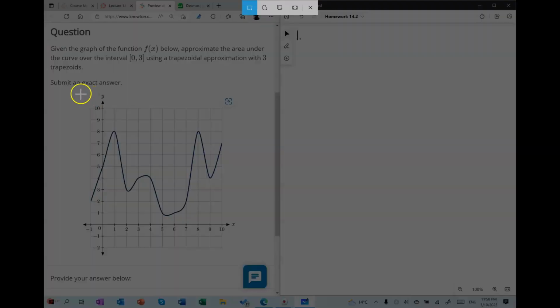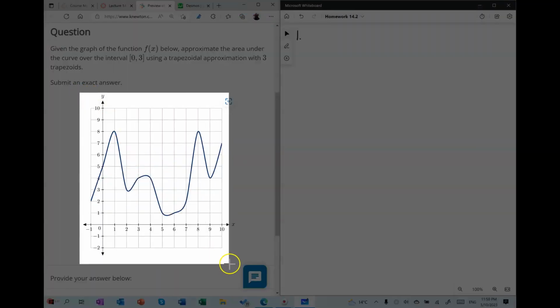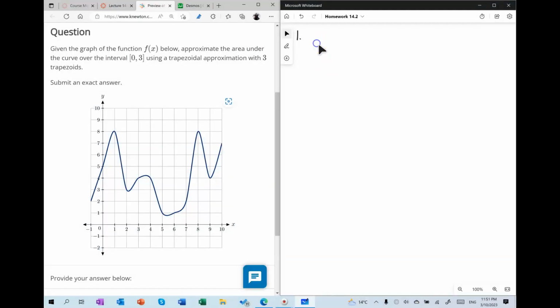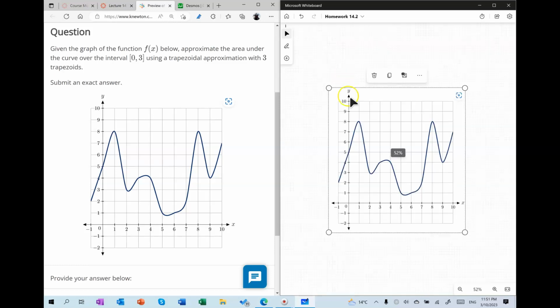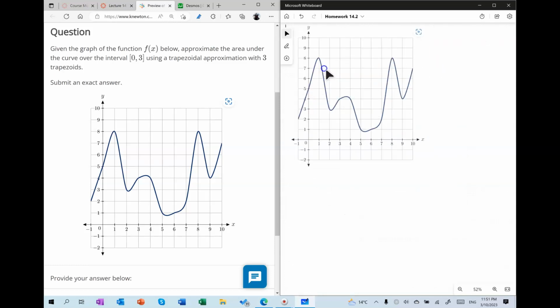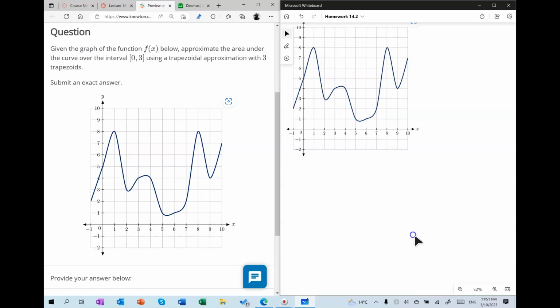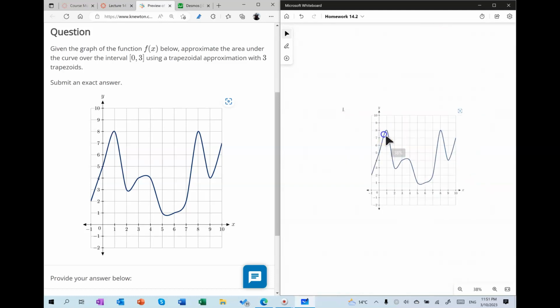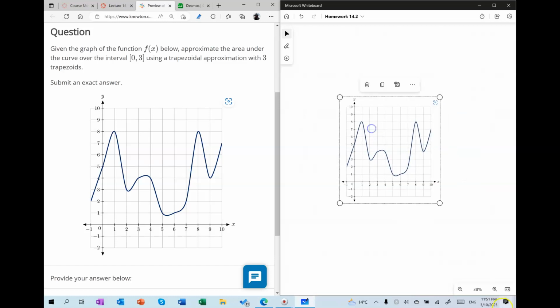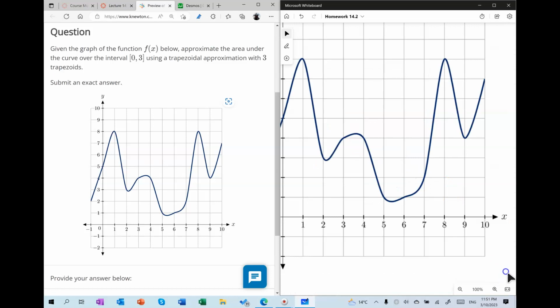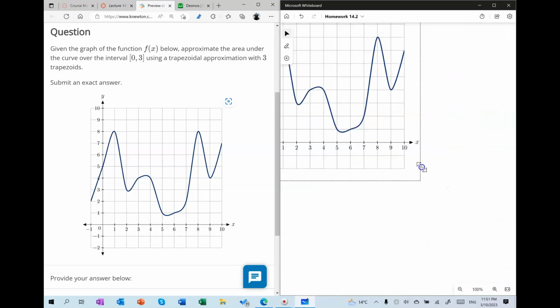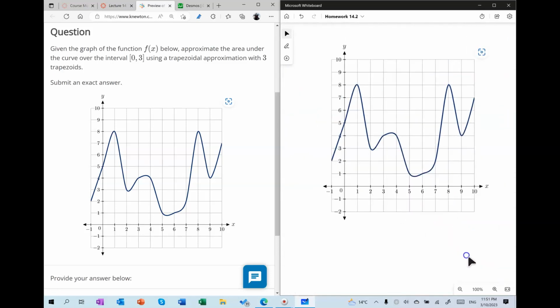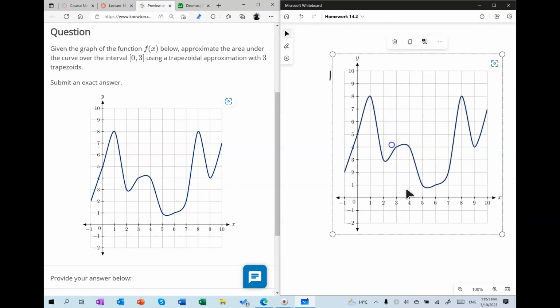So let me copy this picture and bring it into my whiteboard over here. And let me figure out how to zoom in here. There you go.